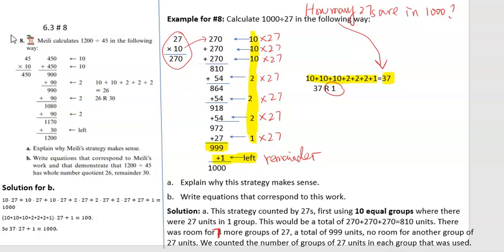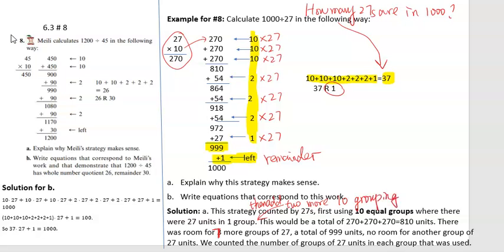So here I probably should add, first we're using 10 equal groups, and then we were able to add 2 more 10 groups.